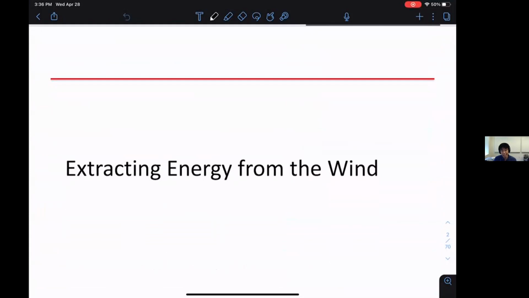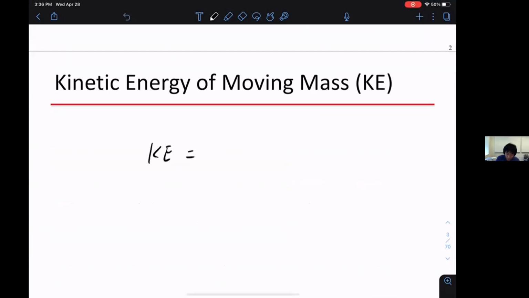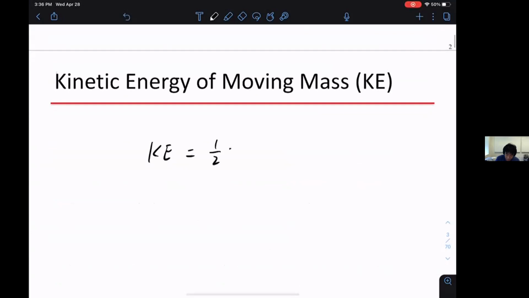When you extract energy from wind, we're looking at the kinetic energy in your moving mass of air. As a reminder, kinetic energy is 1/2 m w squared, where m is the mass and w is the speed.